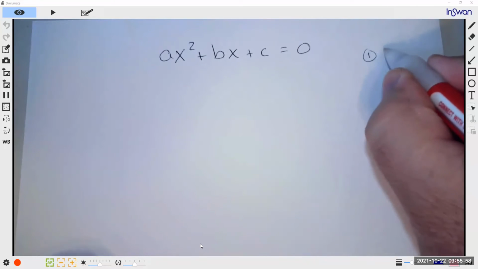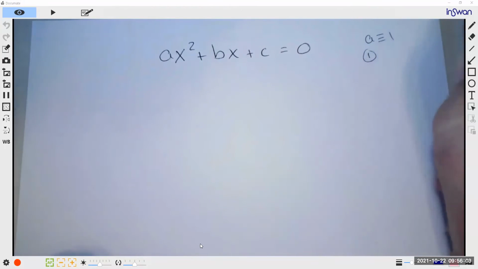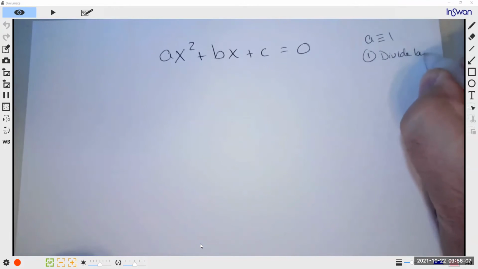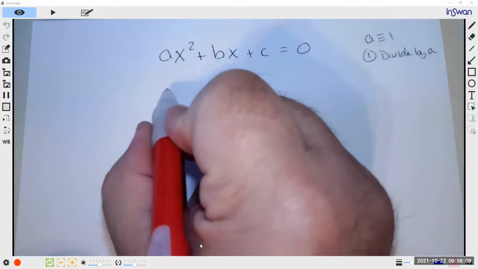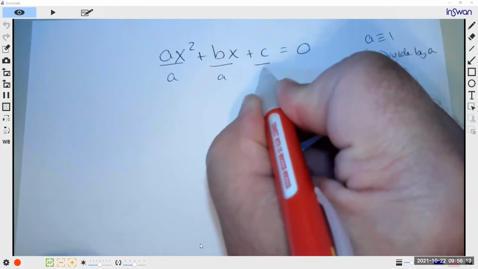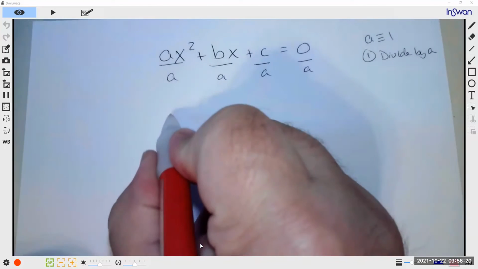First step. Remember, a has to equal 1. So in this case, we divide by a across the board. Each term gets divided by a.